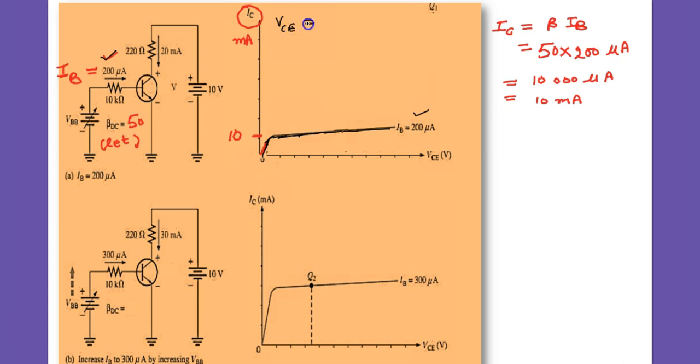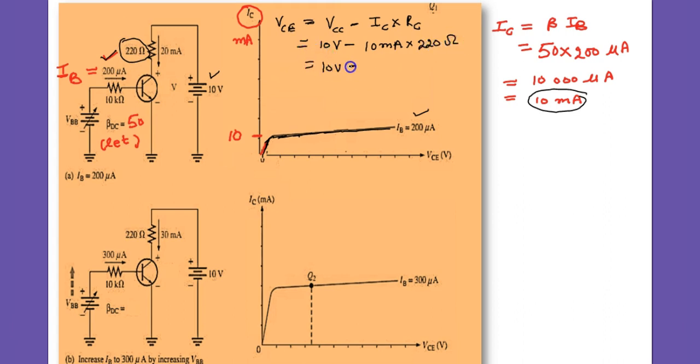So how do we find the collector emitter voltage? This is the formula: VCE equals VCC, which is 10 volt, minus IC into RC. RC in the figure is 220 ohm. So this is IC, 10 milliampere into 220 ohm, and milliampere into ohm becomes millivolt.